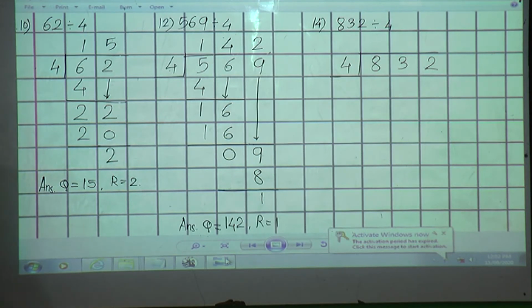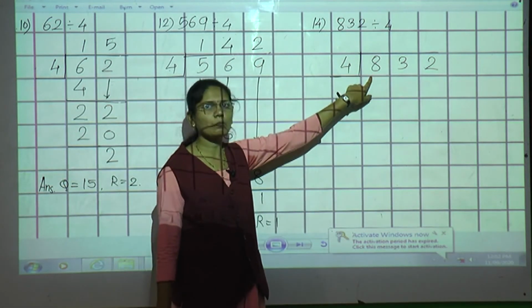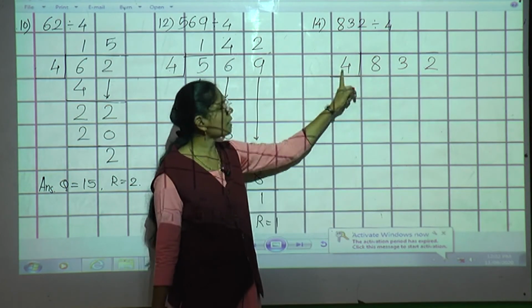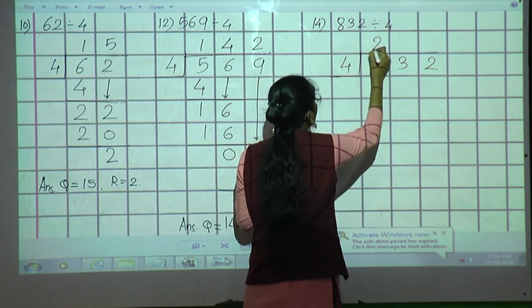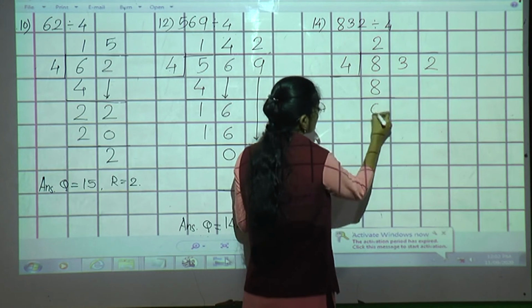So what we will do? We will divide the hundreds first. Now in this example, how many hundreds are there? 8 hundreds are there. So 8 by 4 we have to do. So 4 twos are 8. Now 8 minus 8, 0.